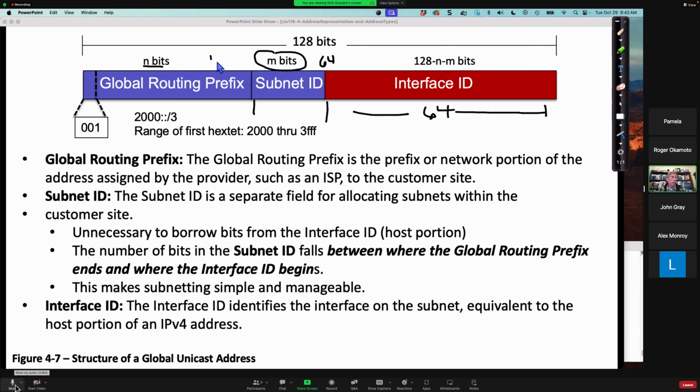So if this is 48, we'll make this 16. If this is 32, we'll make this 32. But your global routing prefix plus your subnet ID will equal 64. Now, why a 64-bit interface ID? We can talk about that on Thursday.